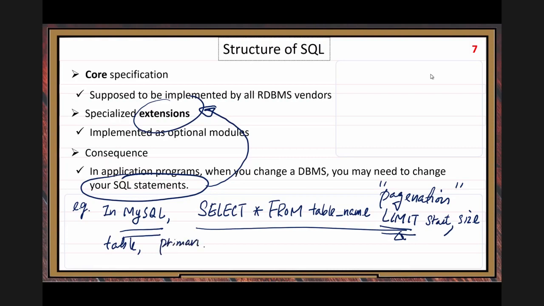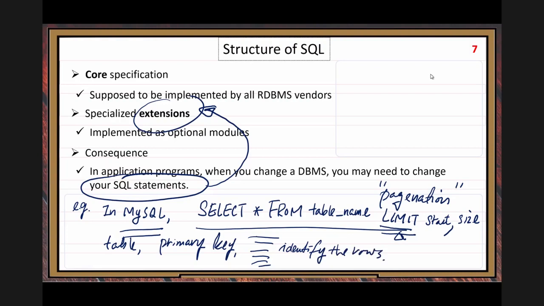I haven't explained the primary key yet, but you can see from the name, it's important to identify the rows. A table has many rows. How do you identify those rows? If you create a primary key, because a primary key must be unique, it identifies the rows.